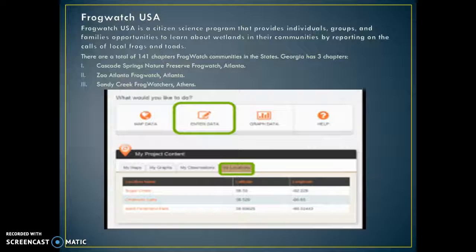This can involve communities, where parents and their kids can dedicate 3 minutes 3 times a year to listen to the calls of frogs and then feed in the data. This is just a screenshot of where you go. When you go to the site, you key in the data, and there are different ways you can analyze the data, and then they will use it.